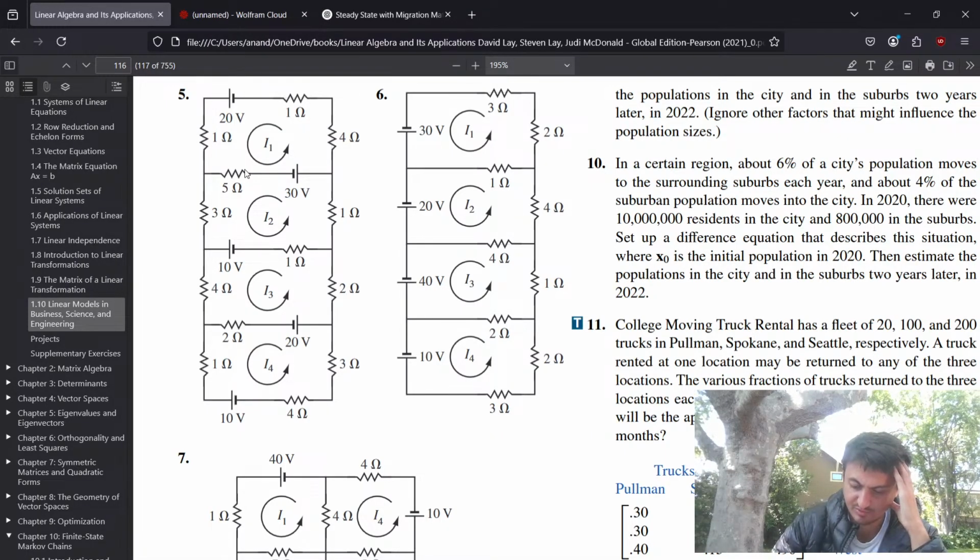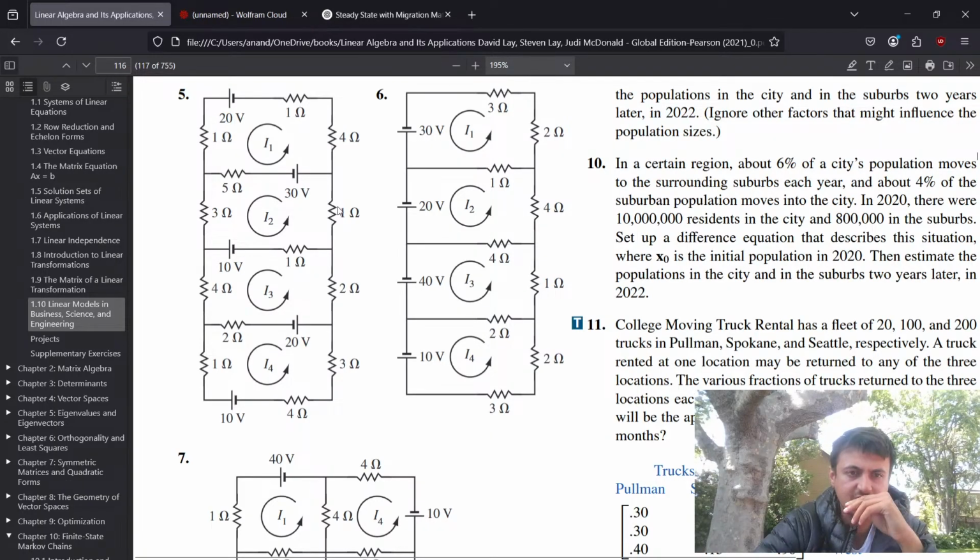So it's going to be 10I2 plus 5I1. Oh, so I think the other one is a plus as well, because the current's flowing in the same direction.